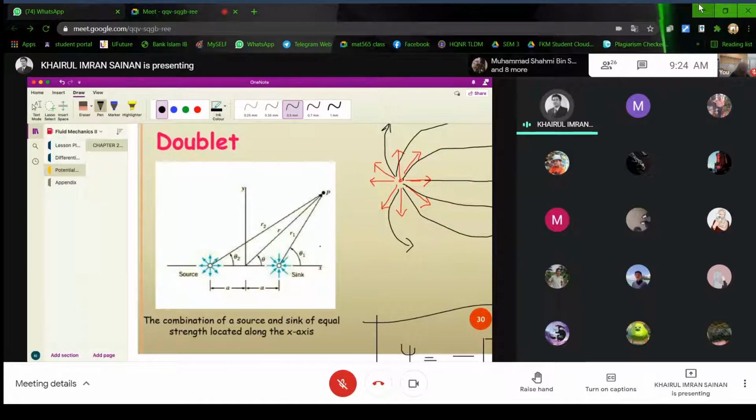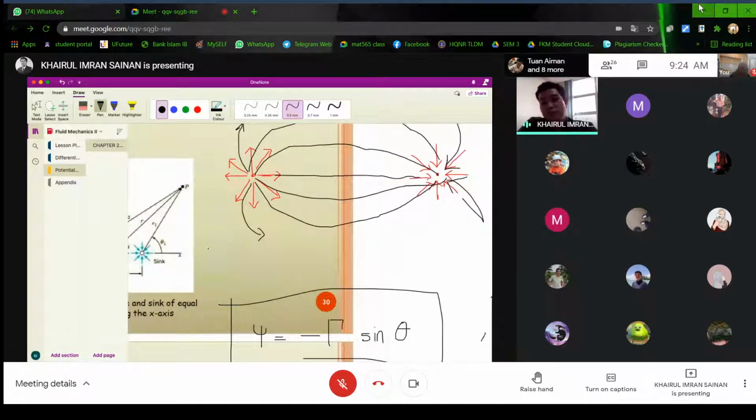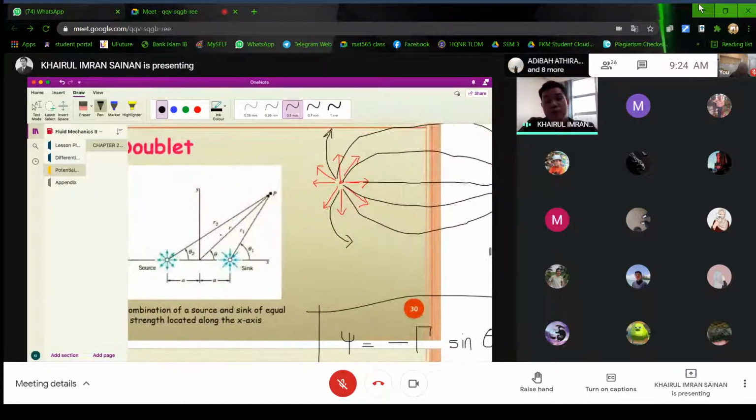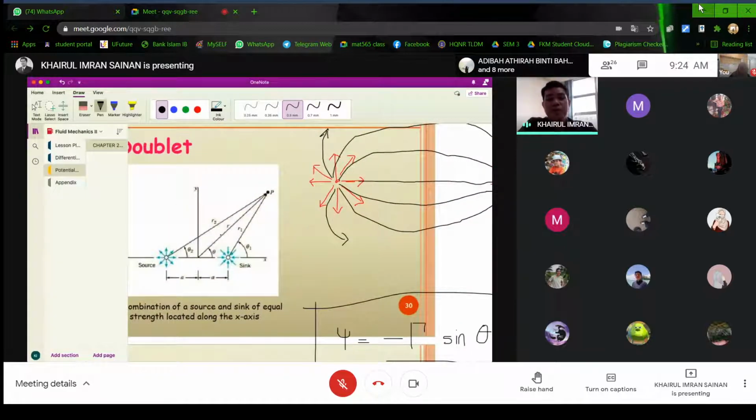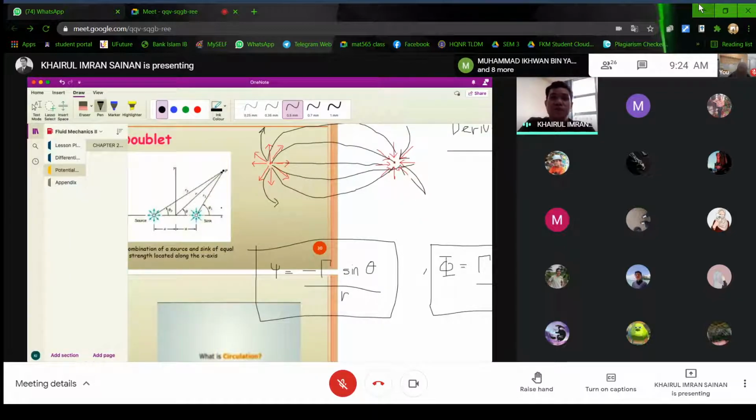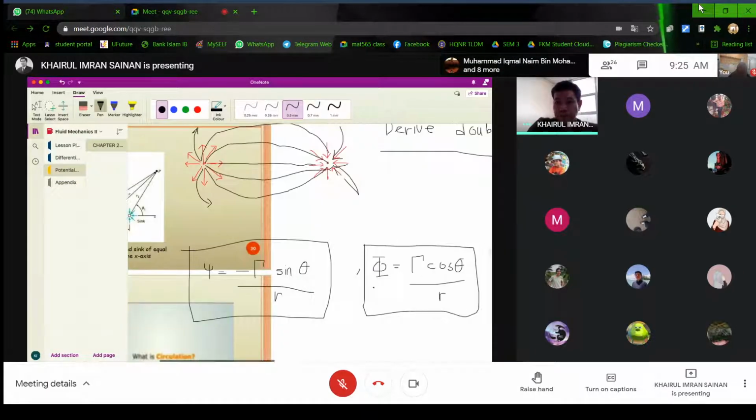So you're going to have theta 1 and theta 2, and in between, the resulting of that is actually the theta and R. Okay. So you can use this figure, or perhaps you can use the other type of point of interest. But what we normally do is, we're going to have a certain point where we look the position of source and sink. So from there, we're going to derive psi and phi. Okay.